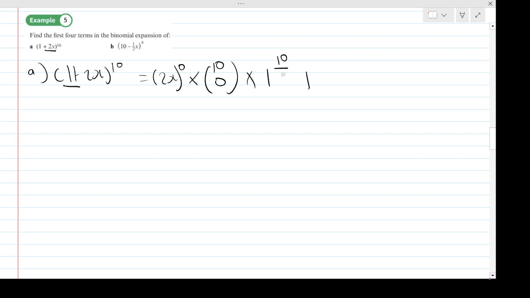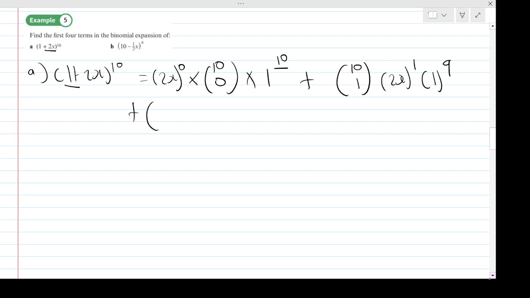Okay, then we add the next term, so then that'd be 10 choose 1 now. Then the power of x would be 1, so 2x all to the power 1. Then we have 1 raised to the power of 9. So 1 and 9 here gets us 10.